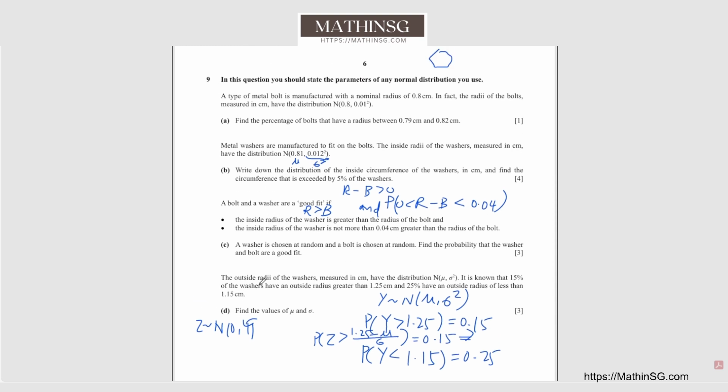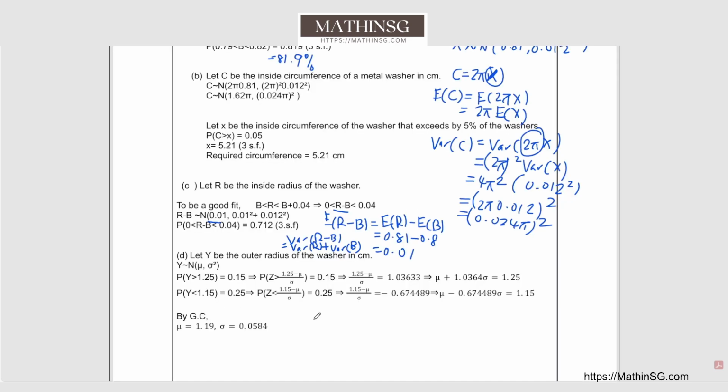So you notice that, for most of the normal distribution questions, they always involve forming a new distribution. Okay, so you need to be able to find what is the expected value, what is the new variance of the distributions. Then you use inverse norm if you know the probability and you want to know what is this value here.